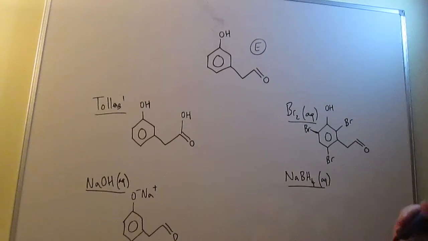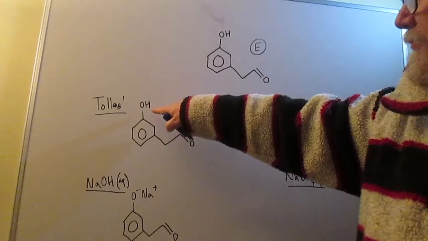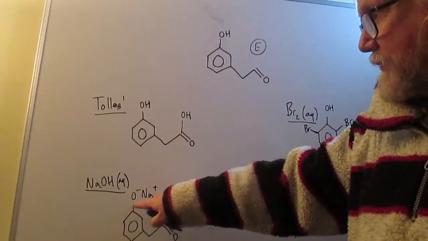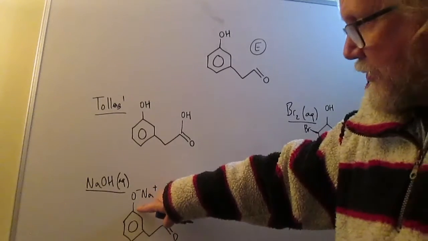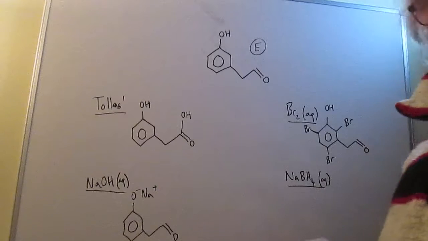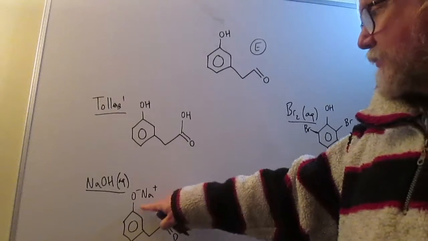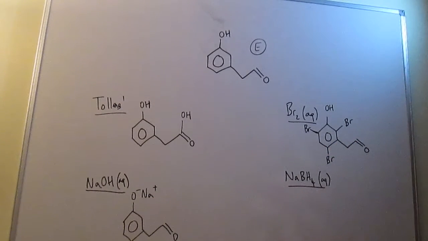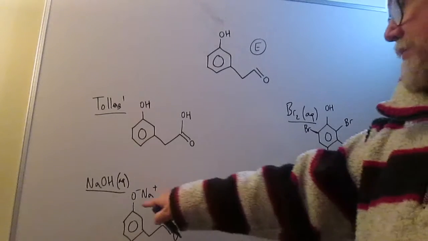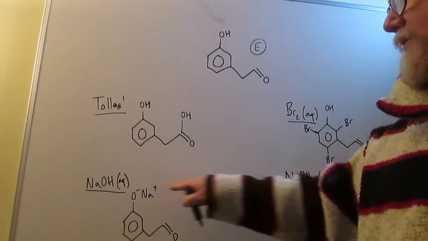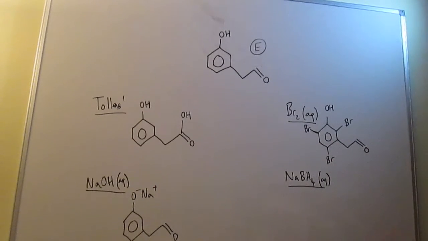When you draw that, be careful, make sure, actually with the OH as well, but with this one, which is perhaps less familiar, make sure that the bond connects still to the oxygen. If you draw a covalent bond to sodium, it's always going to be wrong, because sodium doesn't do that. So you've got to make sure you draw it like that. And you don't have to put the charges in, but it's helpful to do that because it just reminds you that it's an ionic product that's being formed.